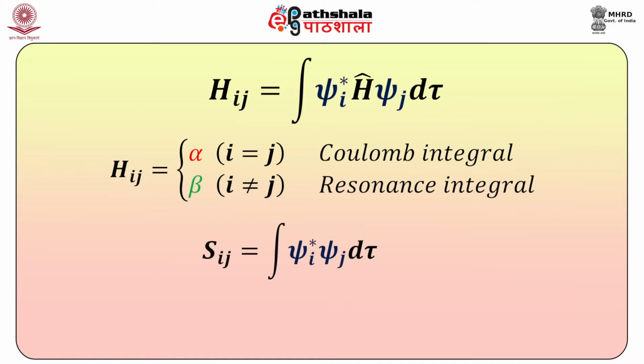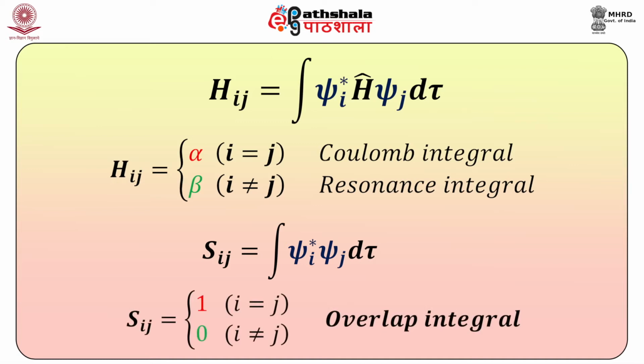Similarly, the corresponding Sij is represented by the integral psi i star psi j d tau. Now Sij is equal to 1 if i is equal to j, and Sij is equal to 0 if i is not equal to j. So this is basically the corresponding overlap integral.